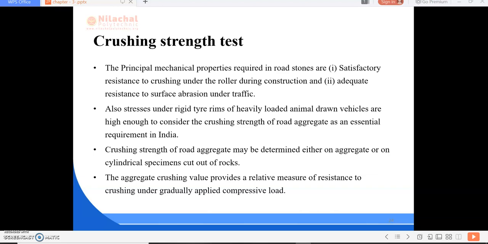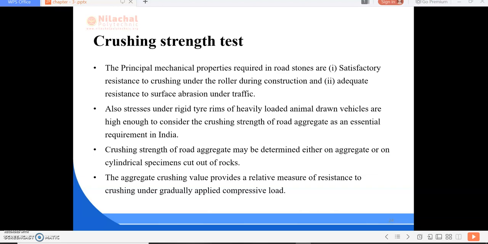The principal mechanical properties required in road stones are: first, satisfactory resistance to crushing under the roller during construction, and second, adequate resistance to surface abrasion under traffic. Also, stresses under rigid tire rims of heavily loaded animal drawn vehicles are high enough to consider the crushing strength of road aggregates an essential requirement in India.